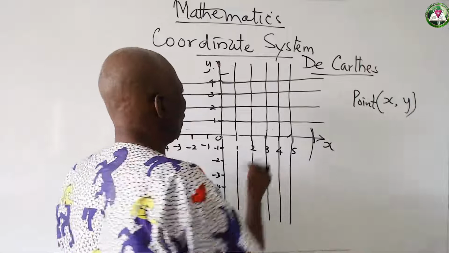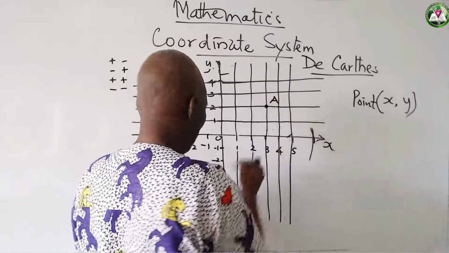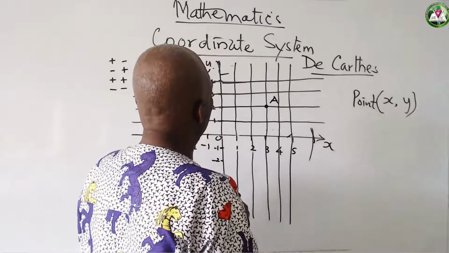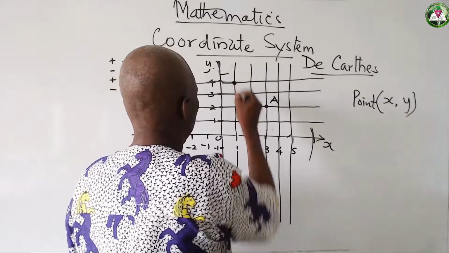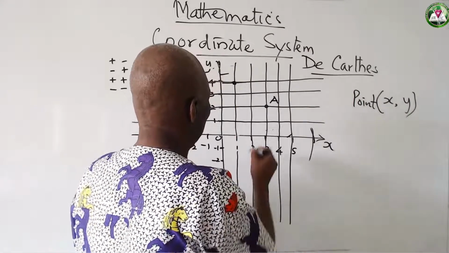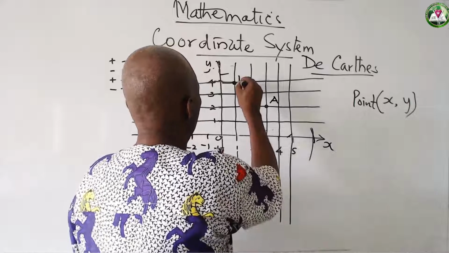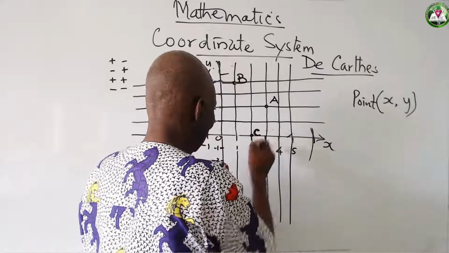Okay. So that is the point there. A. We need another point again. Let's take another point. B. Let's take another point. C. So I have 3 points. A, B, C. That is what Descartes says.